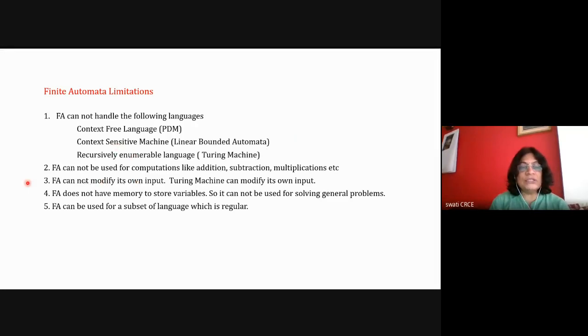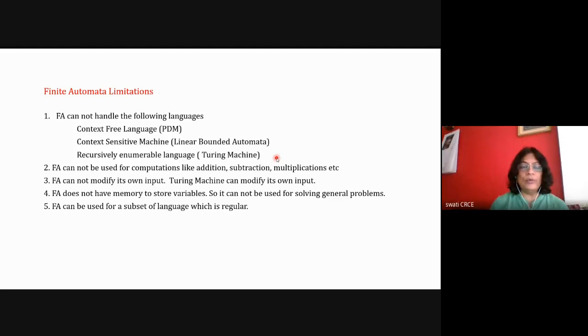Even more, a finite state machine cannot modify its own input, while a Turing machine can. Suppose you are giving the input string 100 and you want to reverse it. You don't want to create a new output.